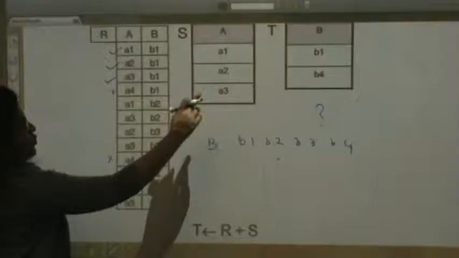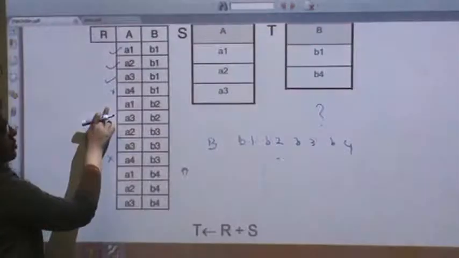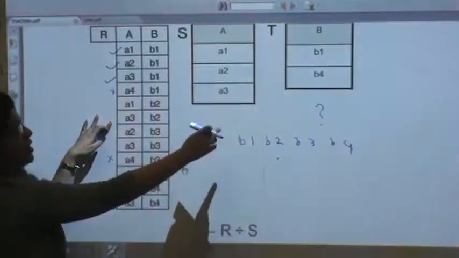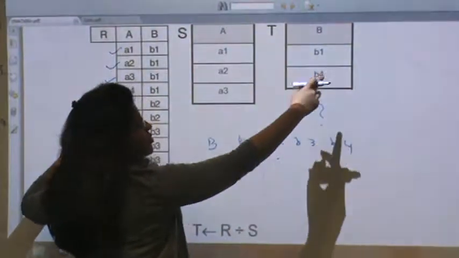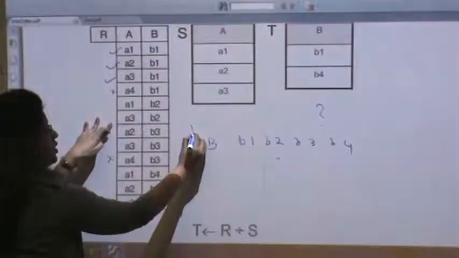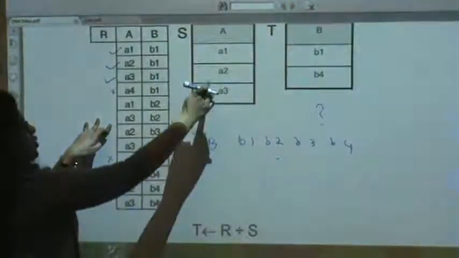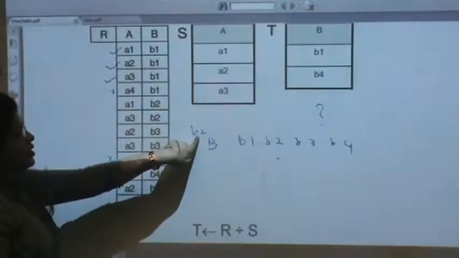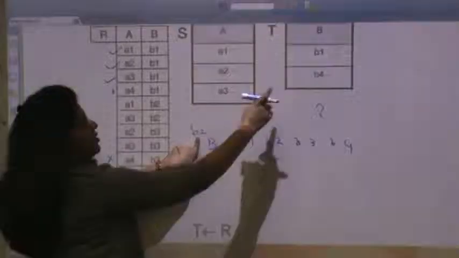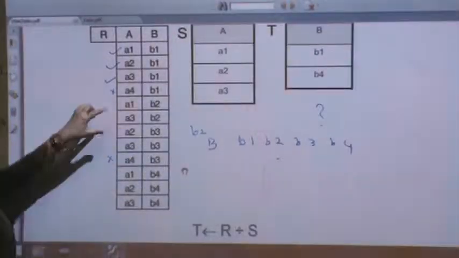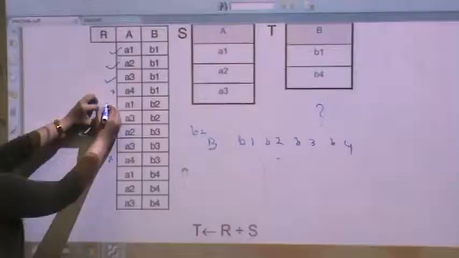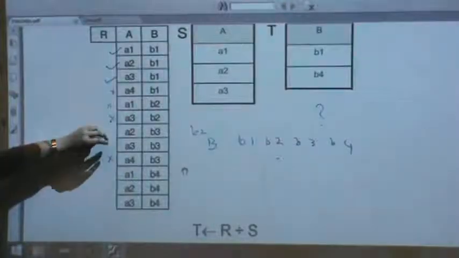Then again for A1, there is B2. For A2, there is no B2. So in the result, there is no B2, because B2 has to be there for all of the three things. Only if it appears with all three will it go into the result. So is there anything for B2 for only A2? These two also got no values.